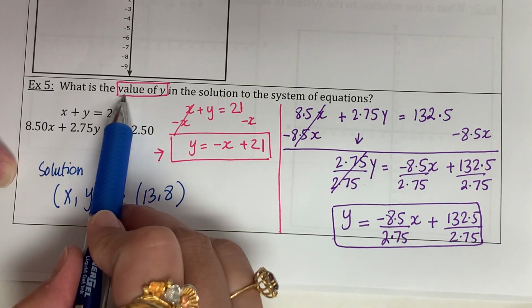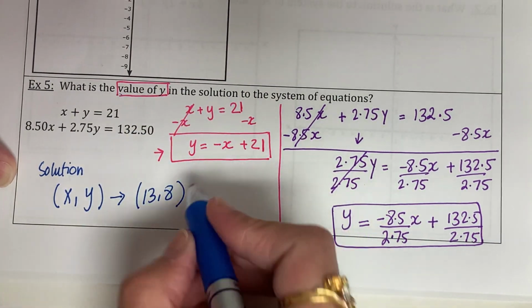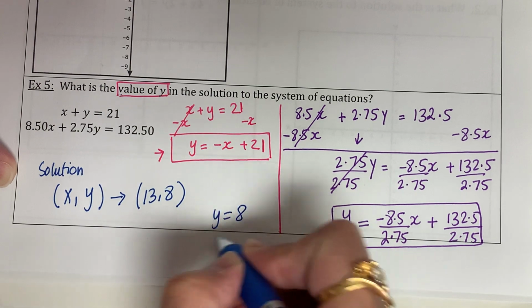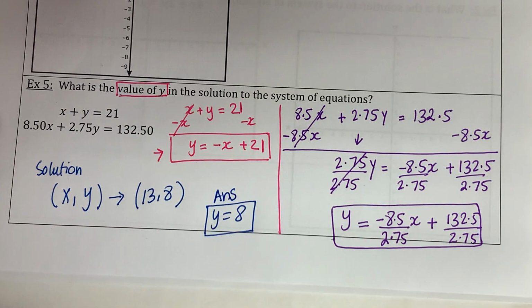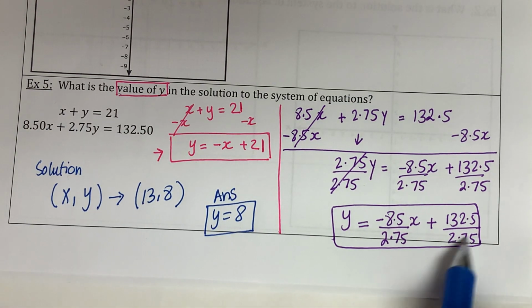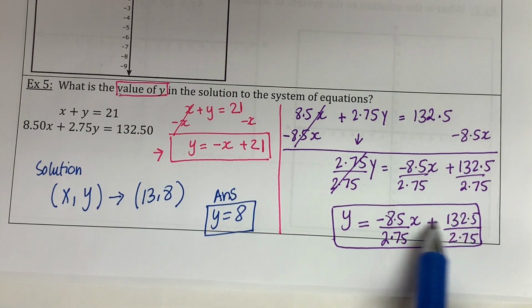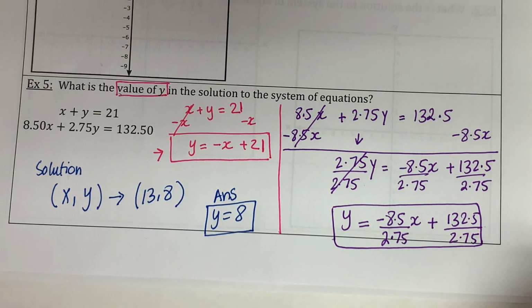But remember, I need the y value. So my answer is y equals 8. This is my answer. So sometimes you can just leave the fractions like that. You don't really need to do any work. The calculator can do the math for you, and it will give you the line.